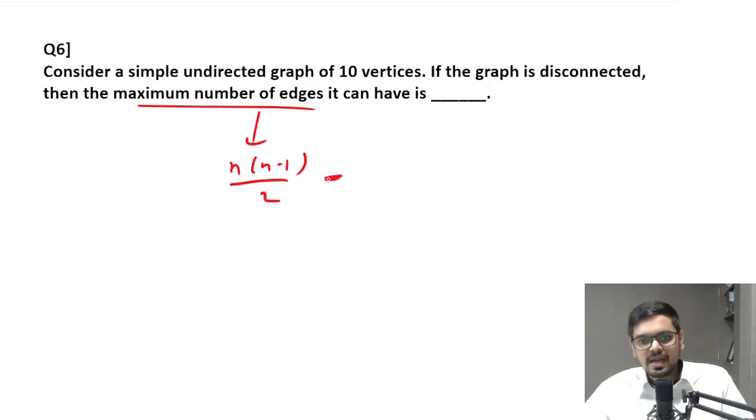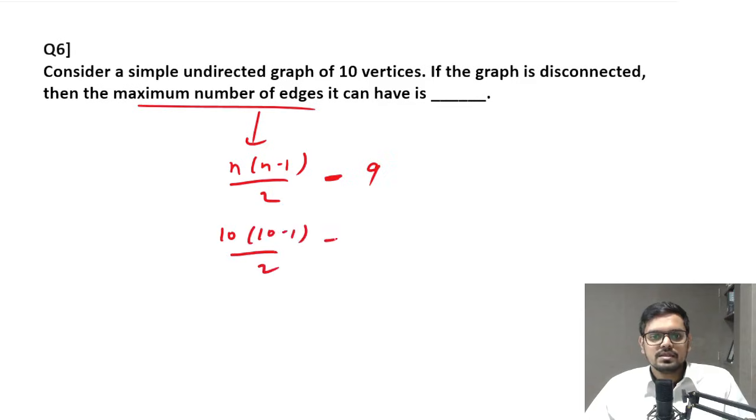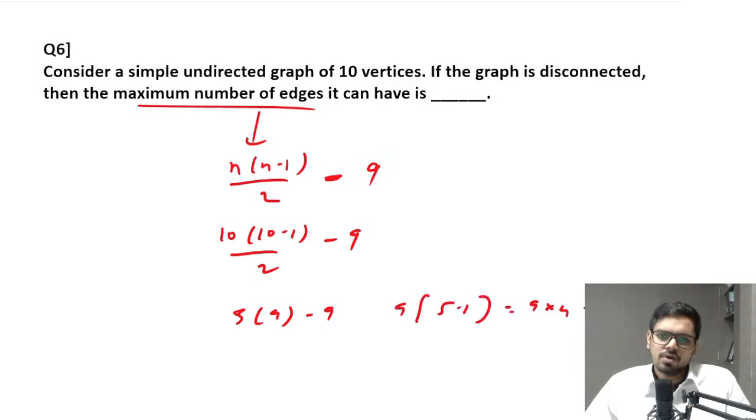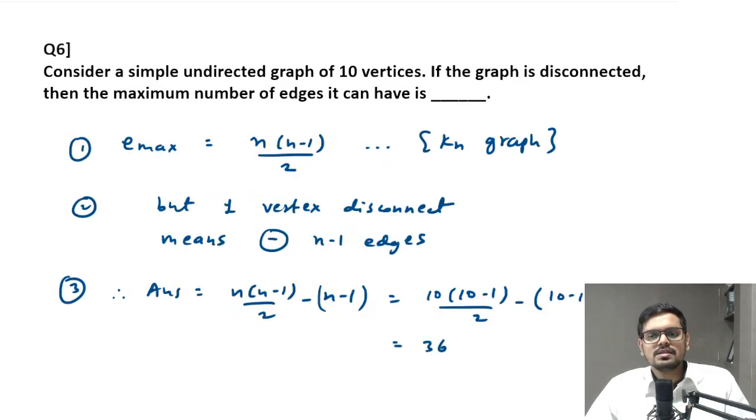So I am subtracting those edges. Suppose I am that isolated vertex, I would be connected to the 9 other vertices, so 9 edges I have to remove. Now you substitute n is 10: 5 into 9 minus 9, which is 9 into 4, again 36. So anyway you can solve, you will get the same answer.